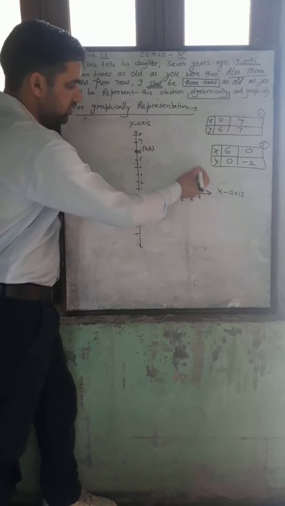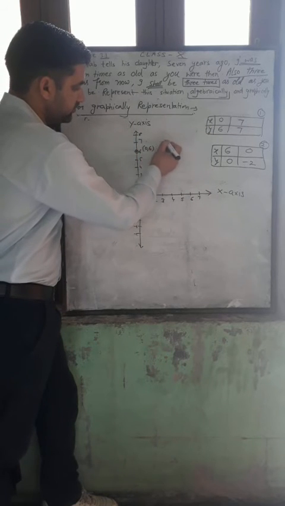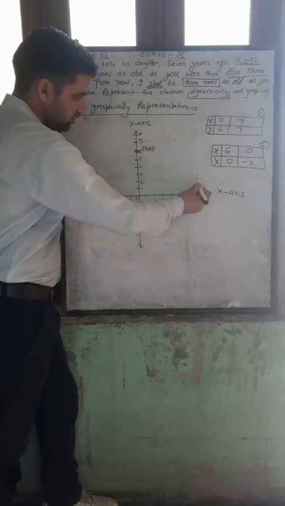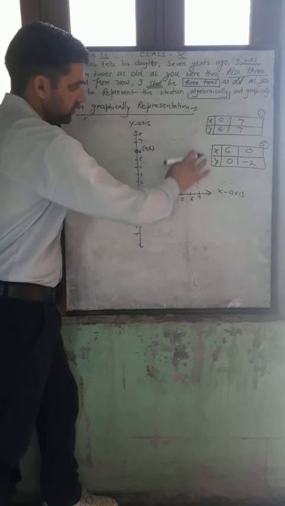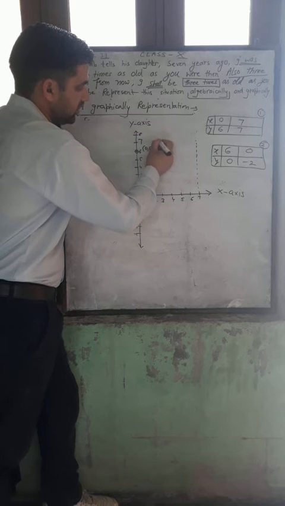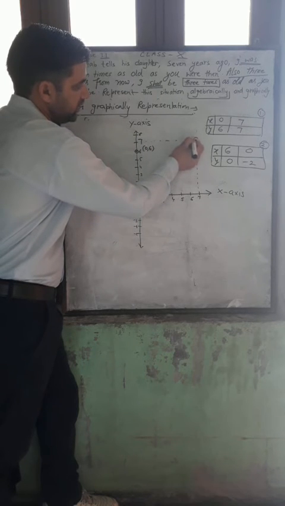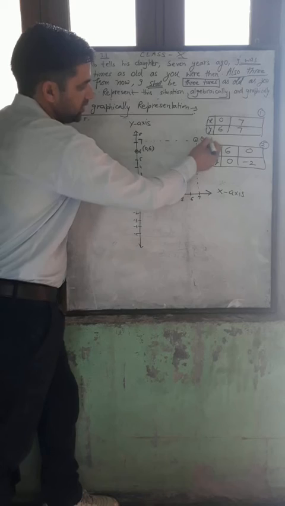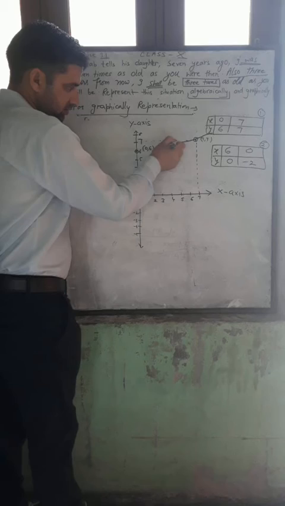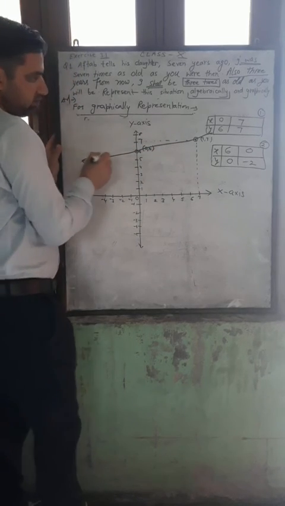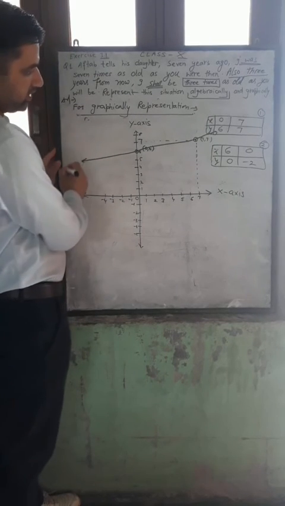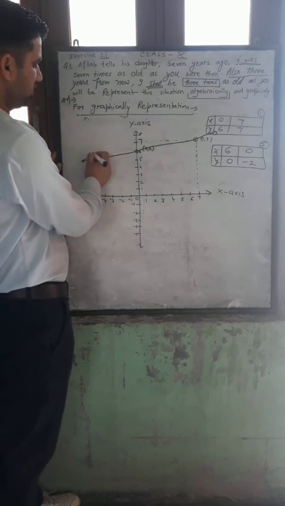So we go this side from here, and from this side we go from here also. This point is known as 7, 7. Now join these two with the help of a scale. This is known as equation 1.